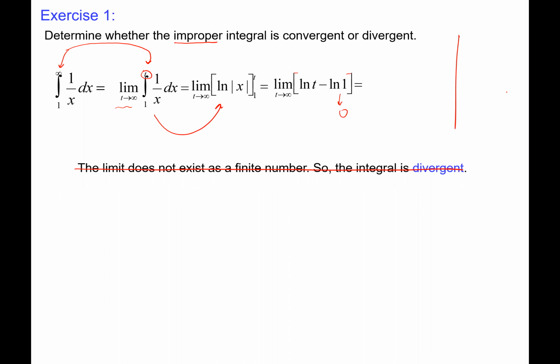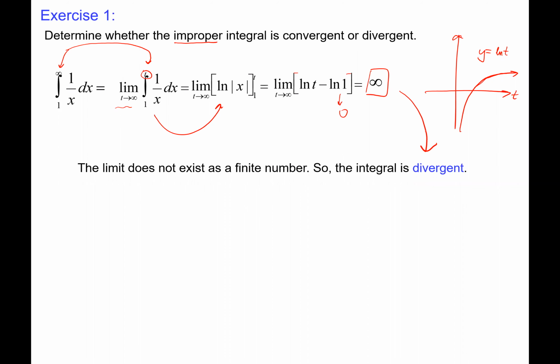We know that for the function ln of t, when t goes to infinity, the function also goes to infinity, really slowly, but infinity. Since the limit doesn't exist as a finite number, this integral is divergent.